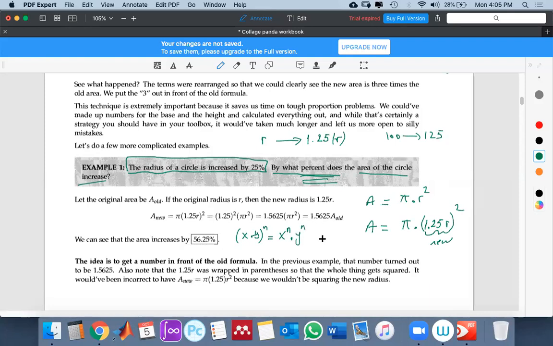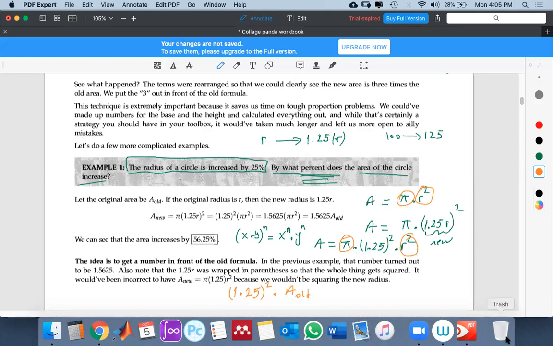We know this rule. So the area will be pi times 1.25 to the power of 2 times r squared. So if I combine, pi times r squared is the area of the old one. So the difference comes out as 1.25 to the power of 2 times the old area.